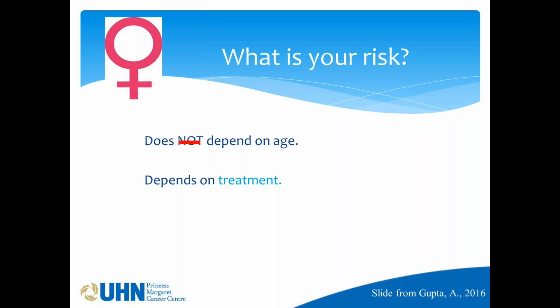So although we have 2 million eggs initially, we lose those eggs throughout our life until we enter into menopause. So our ovaries do age over time. And of course, depending on treatment, this can actually impact your ovaries and cause them to age faster.